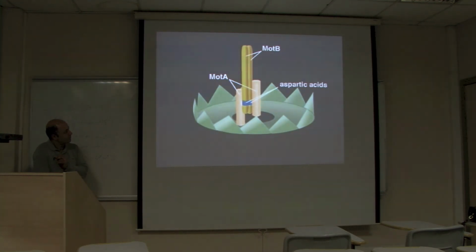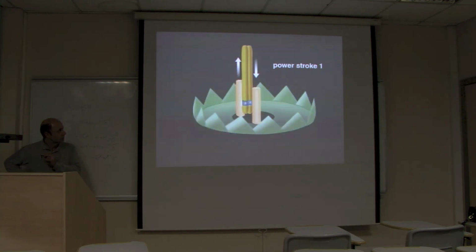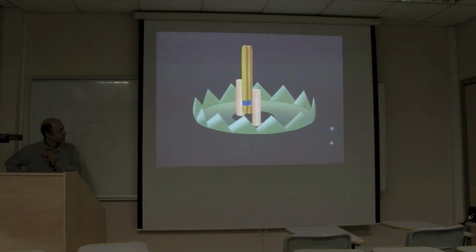Although the molecular mechanism of rotation is not known, one possible model describes protons moving through the channels in the stators and binding to the aspartic acid in the MotB proteins. This binding causes a conformational change in MotA proteins, resulting in the first power stroke that moves the rotor incrementally. At the end of the first power stroke, the two protons are released into the cytoplasm. The proton loss causes a second conformational change that drives the second power stroke, once again engaging the rotor.